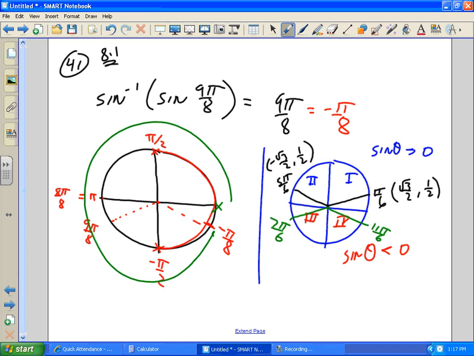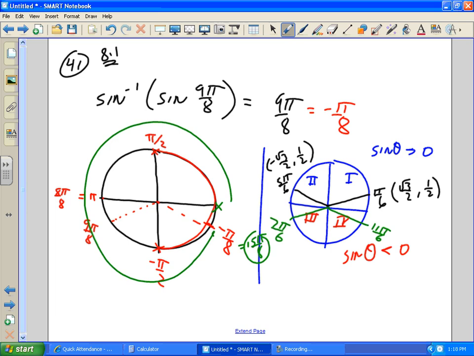This is 8 pi over 8, correct? So this is 16 pi over 8, right? So it's got to be 15 pi over 8, right? So this is the same as 15 pi over 8, and they have the same answer, correct?